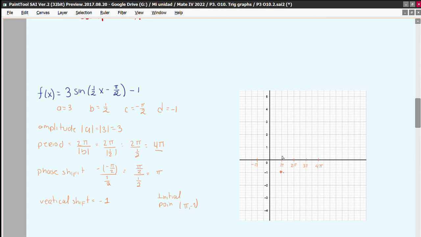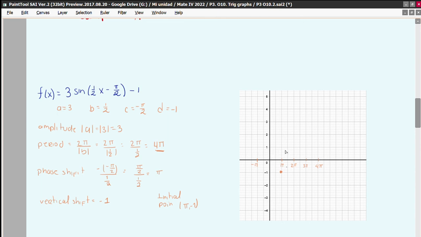So here I'm going to mark my period and my important points. That is the x-intercepts, the maxima, and the minima. So from here, I know that my period is 4 pi. So I have to mark the length in which I'm going to mark a full cycle of my function, and that is 4 pi, meaning that I can move either to the left or to the right.